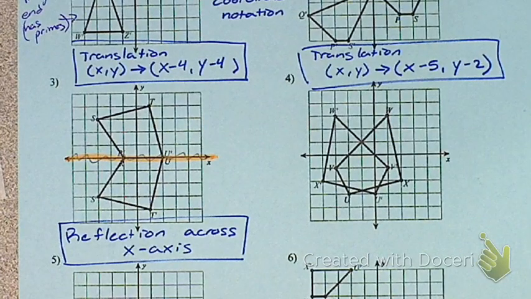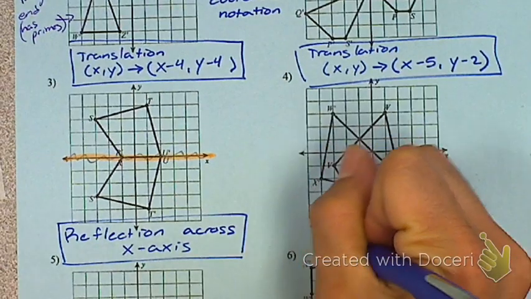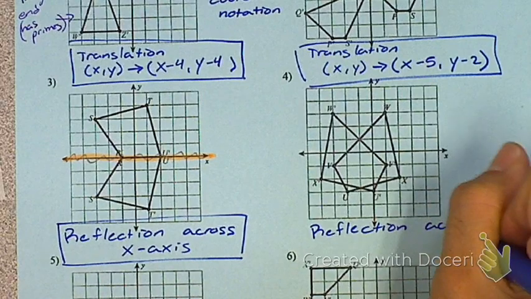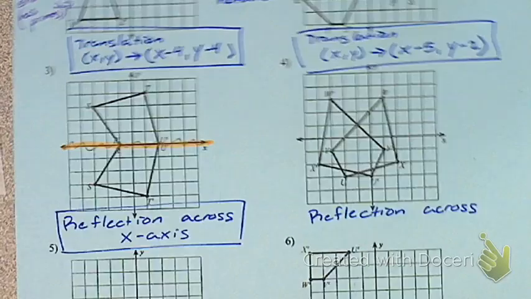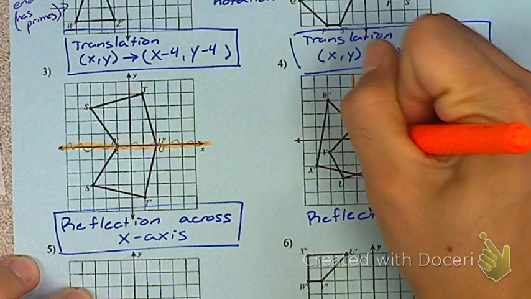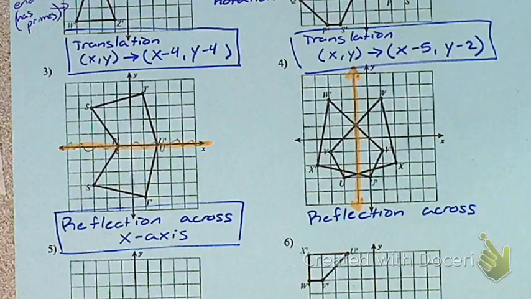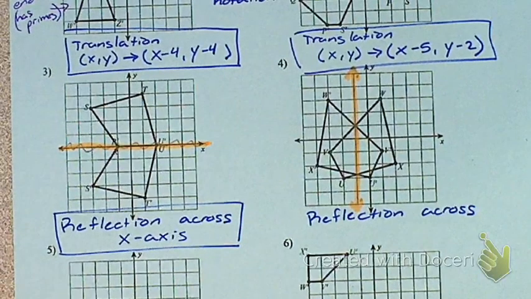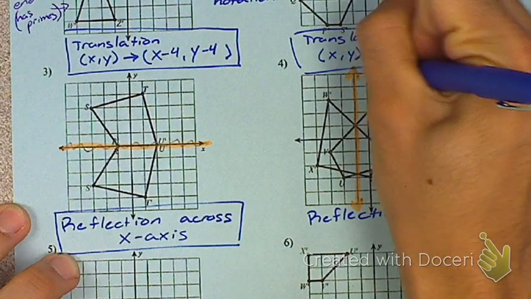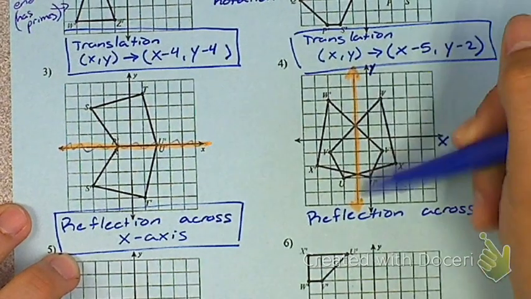What do we determine? Translation, reflection, or rotation? It is a reflection. We write across and then we're going to draw a line. David, you are correct. Let's explain why though. Here's how I explain it. Ready? I have my line in a different color.